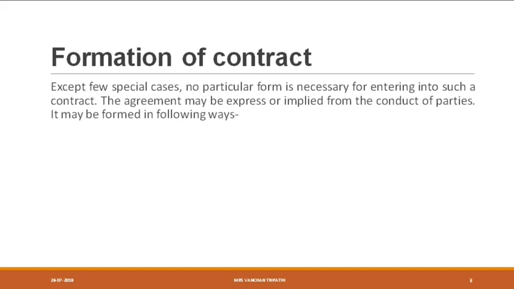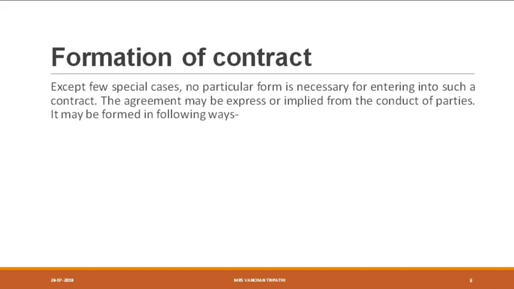This is the slide where I'm going to talk about the formation of the contract. So how is this contract formed, except in a few special cases? No particular form is necessary for entering into such a contract. The agreement may be expressed or implied from the conduct of the party. It may be formed in the following ways.